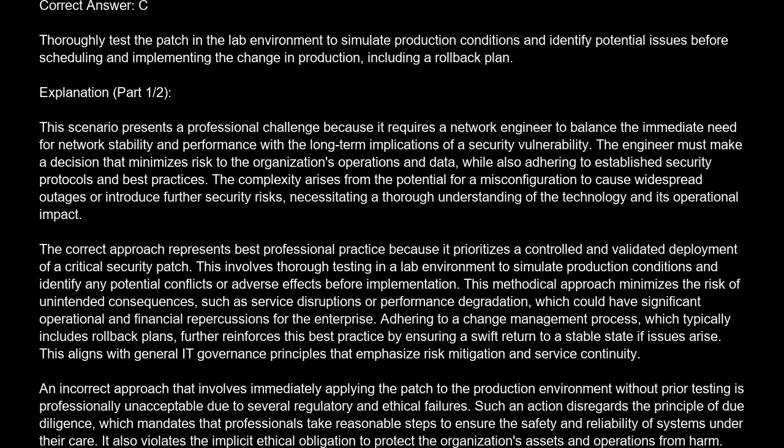An incorrect approach that involves immediately applying the patch to the production environment without prior testing is professionally unacceptable due to several regulatory and ethical failures. Such an action disregards the principle of due diligence, which mandates that professionals take reasonable steps to ensure the safety and reliability of systems under their care. It also violates the implicit ethical obligation to protect the organization's assets and operations from harm.